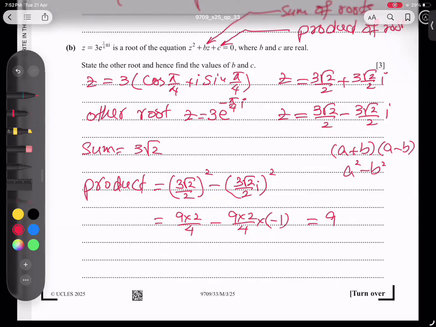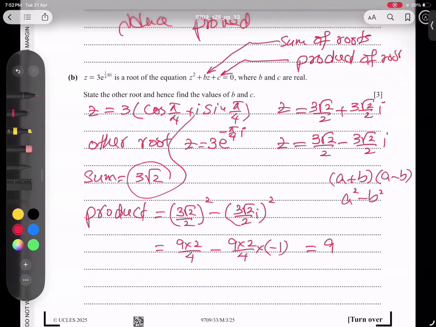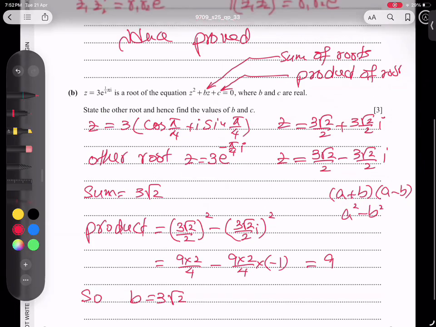So basically this is the sum of the roots, so the B value we can say is 3 root 2. An important part, students. What is the important part? The important part is the formula. Look, I'm writing it for you: Z square minus the sum of roots times Z plus the product of the roots is equal to 0.